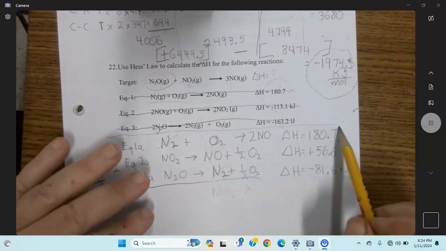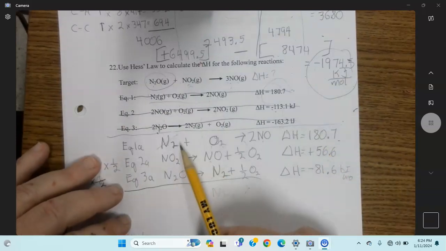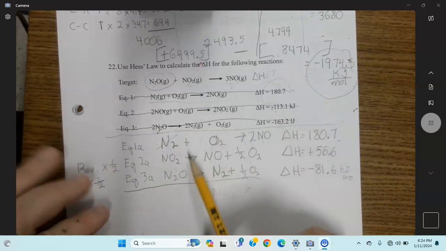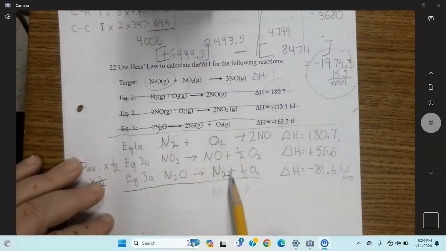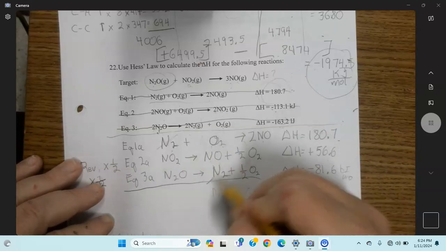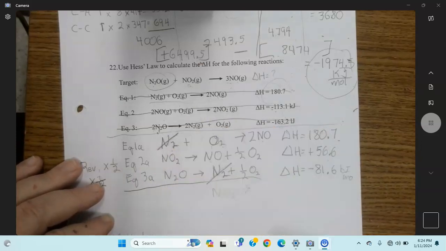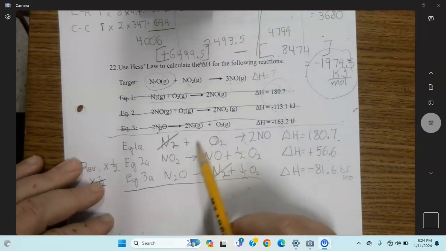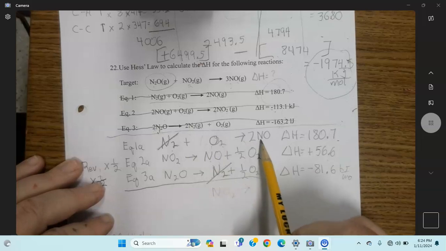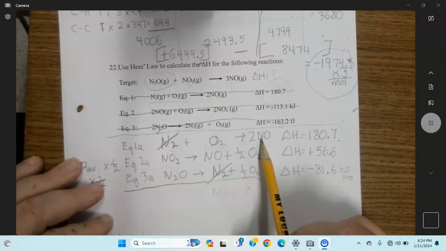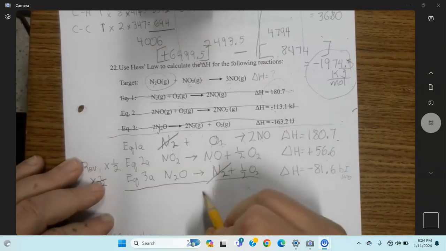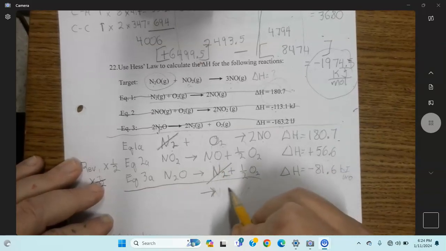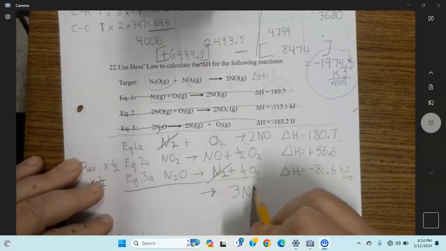So now, before we add up here, we want to go ahead and add everything. So we have an N2 on the left of this arrow and on the right of this arrow. So they subtract out. They're gone. Okay? What do we have over here? Let's avoid O2s for now because you got a bunch of them. We got 2NO on the right side here, plus another NO on the right side of this arrow. That equals 3NO.